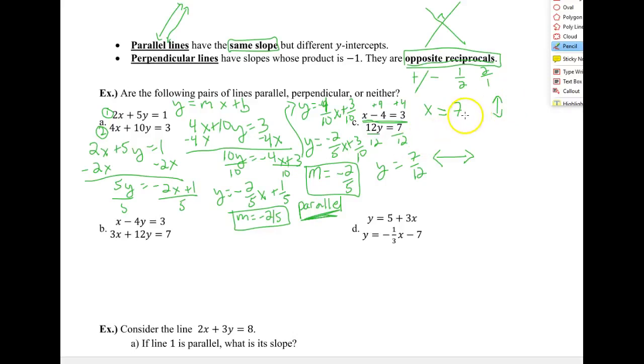So the slope of this x equals 7 is undefined. And the slope of the y equals equation is 0. Now I can't multiply together undefined and 0 to compare them, but visually we can see if I have a vertical line and a horizontal line, these are actually going to be perpendicular.